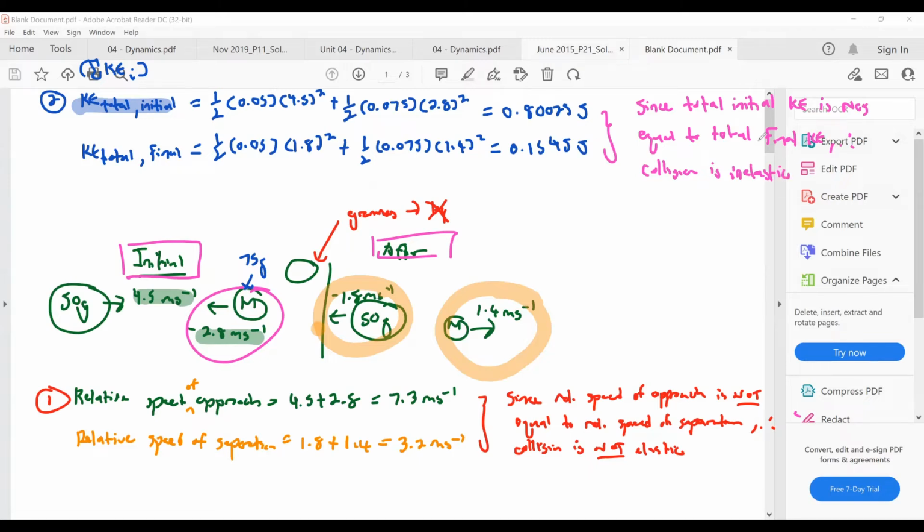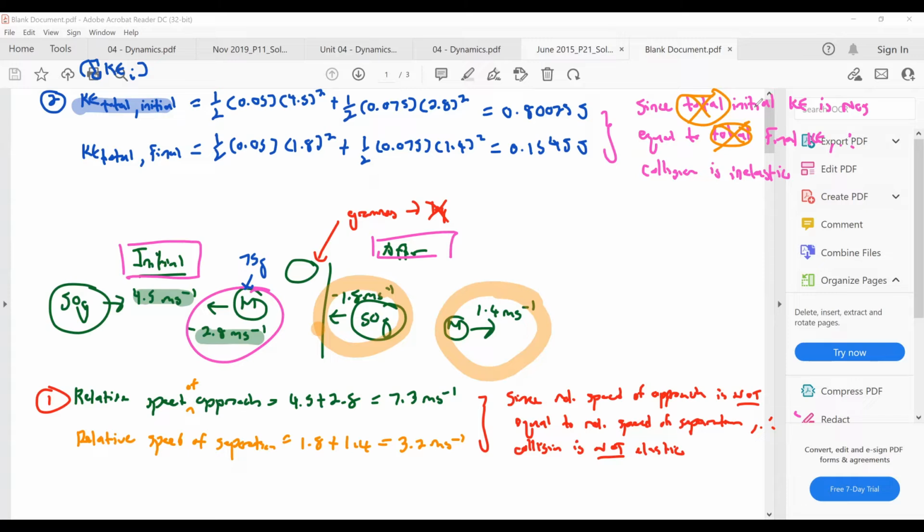Now there's a keyword that you will need to include in your answer. You must mention the word total. Total initial KE is not equal to total final KE, then the collision is inelastic. If you just wrote it as since initial KE is not equal to final KE, therefore collision is inelastic, that one will not be credited.